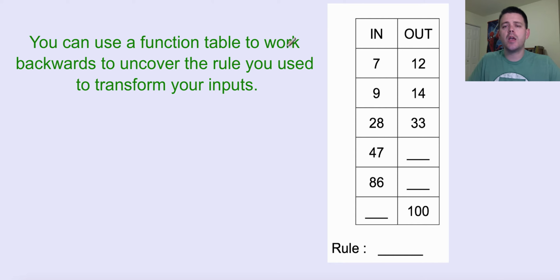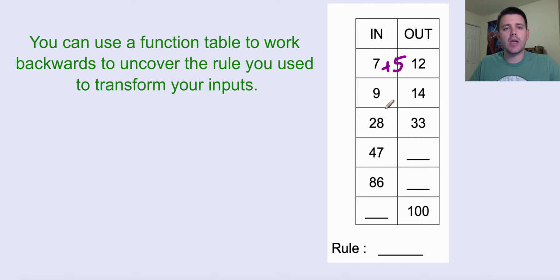To do that, we take a look at our inputs and try to decipher what happened to them to turn them into our outputs. So in this case, a 7 became a 12, a 9 became a 14, and a 28 became a 33. Well, to get from 7 to 12, the only thing that really comes to mind is you could add 5. The key is you got to use that exact same rule for everything else.